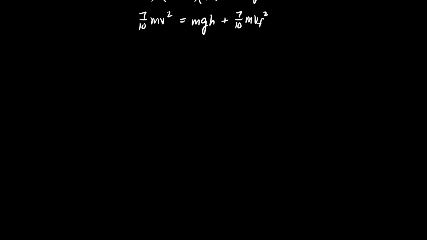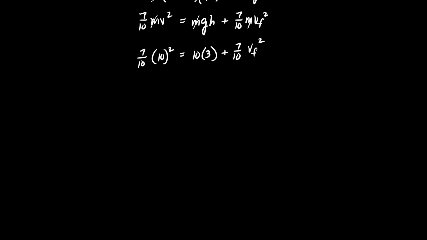No reason to redo the math, it's all the same math. The m's all cancel, or they can be factored out and removed. So I'll get 7/10 times 10 squared equals 10 times 3 plus 7/10 v final squared.